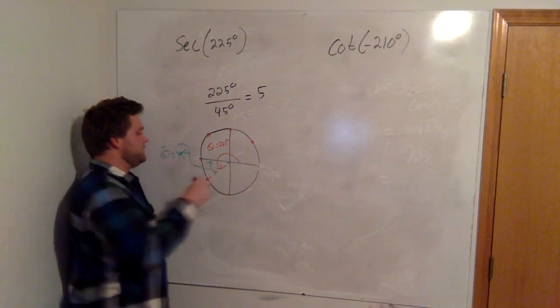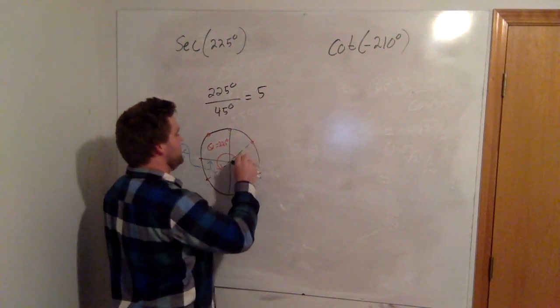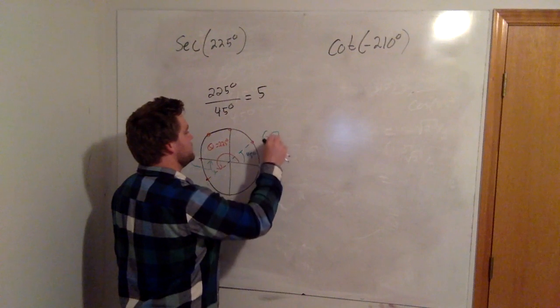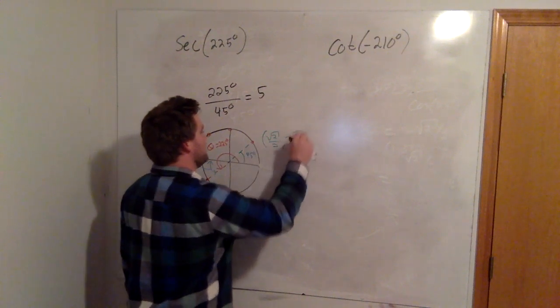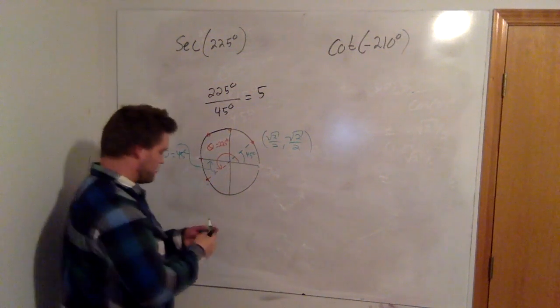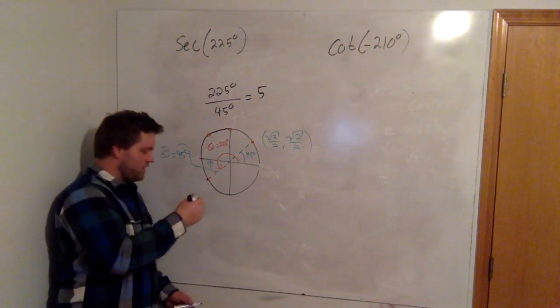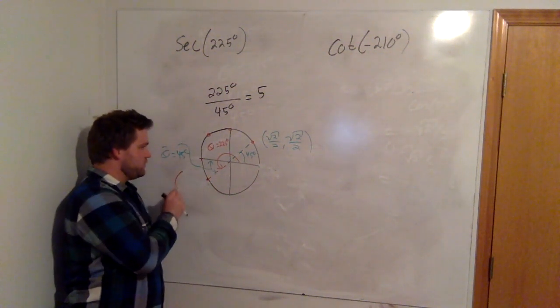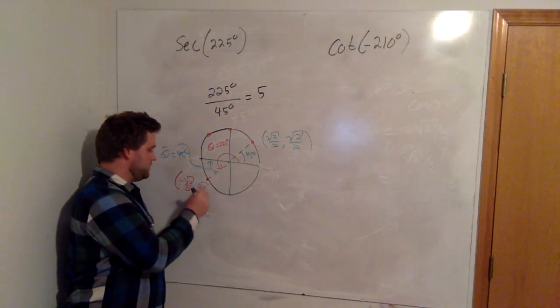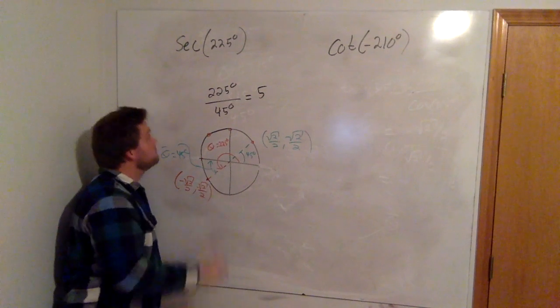Let's think about that in the first quadrant. Here's 45 degrees. The x-coordinate here is root 2 over 2, and the y-coordinate is root 2 over 2. But I want to know what it is in the third quadrant. This is where both the x and y coordinates are negative. So over here, it'll be negative root 2 over 2 and negative root 2 over 2.